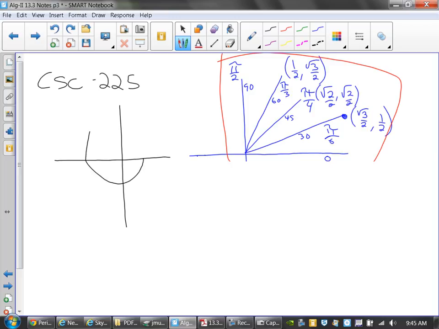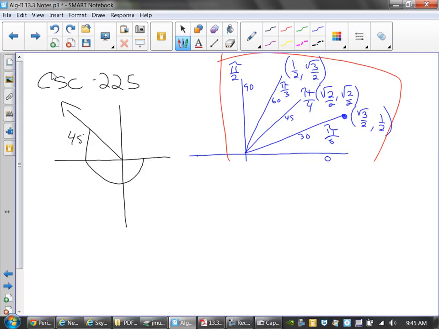There's 180, and that's 45 degrees more, I believe. So what's the reference angle? 45 degrees. What's nice about when you're doing these problems that require no calculator, a lot of times if it ends in a 5, what do you think your reference angle is going to be? It's just a matter of figuring out what quadrant you're going to be in. It's usually all I got to worry about.